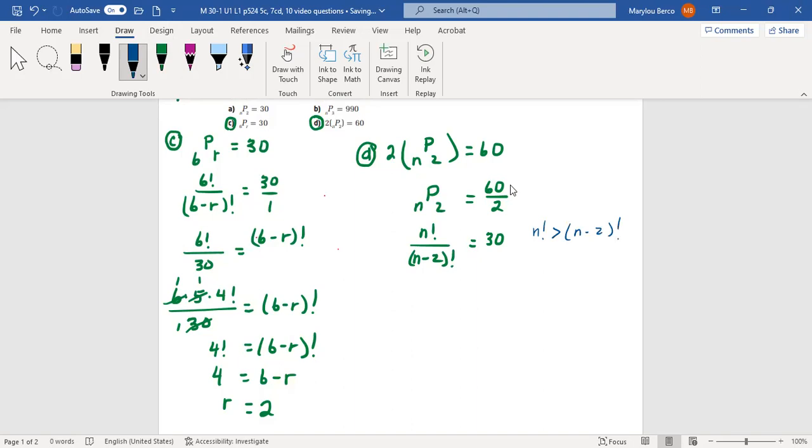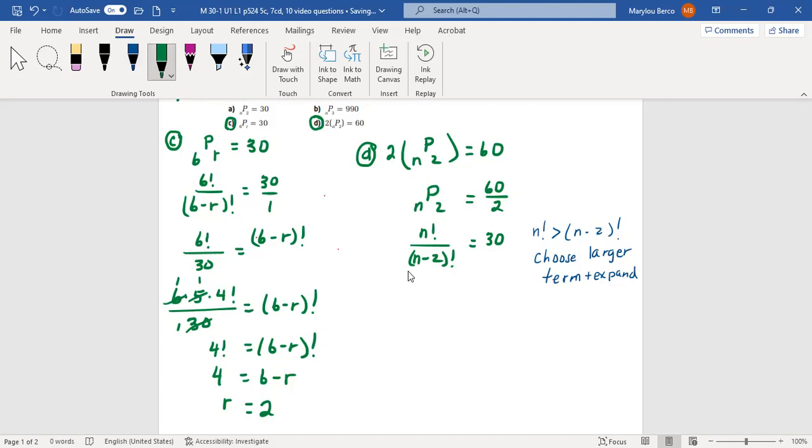Okay? So you choose the larger term and expand. And we're going to get the n minus 2's to cancel out.